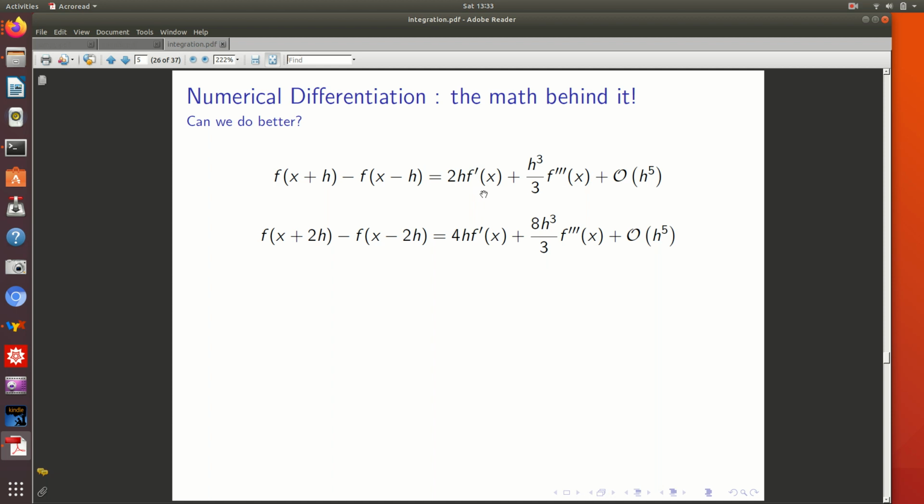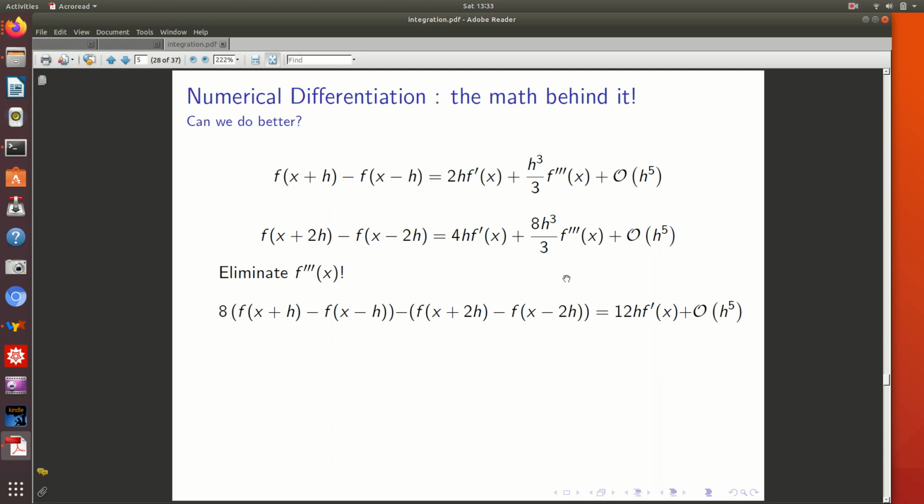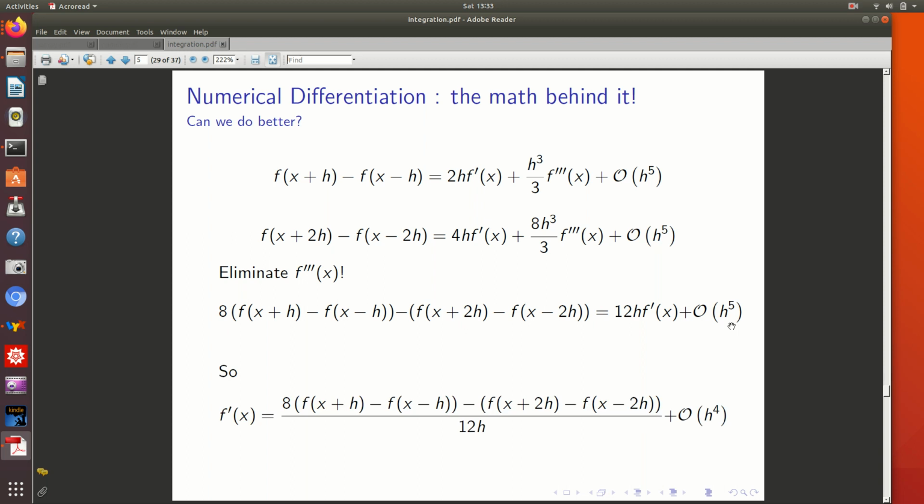If I multiply this first equation by 8, it will give me 16h f prime x here, and subtract this term, I will exactly be able to cancel out the h cube term. So that is, I can eliminate the f triple prime x term which has h cube as a factor, and the difference will give me 12h f prime x plus an error, but an error not of the order h cube because that is already cancelled away, but an error of the order h to the 5.